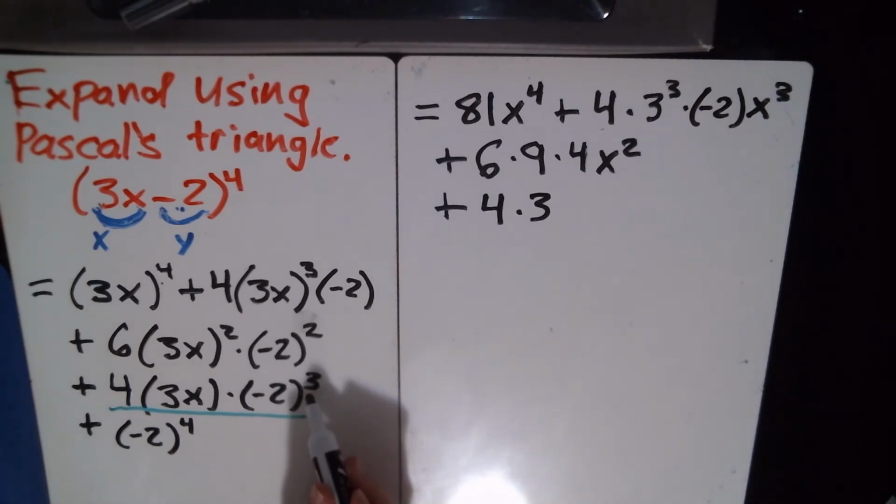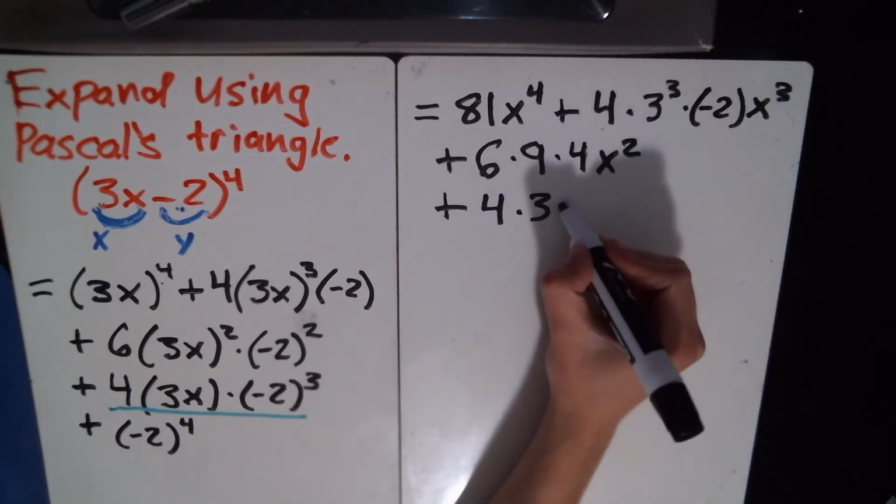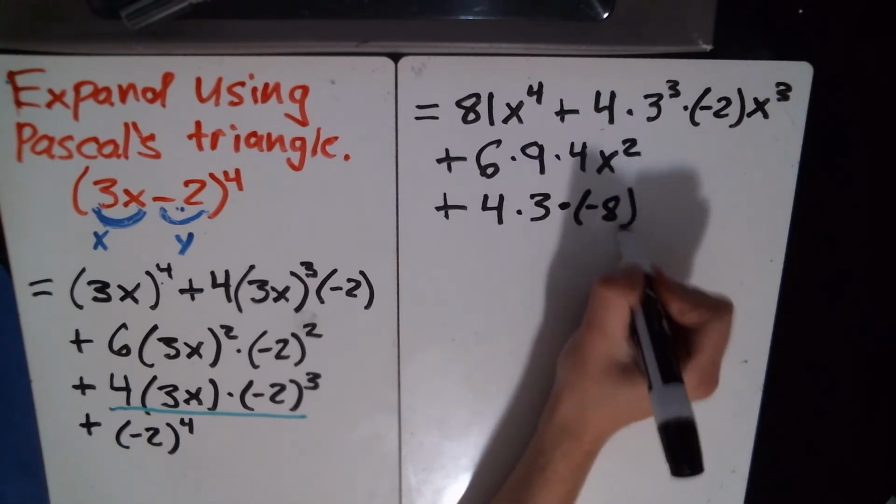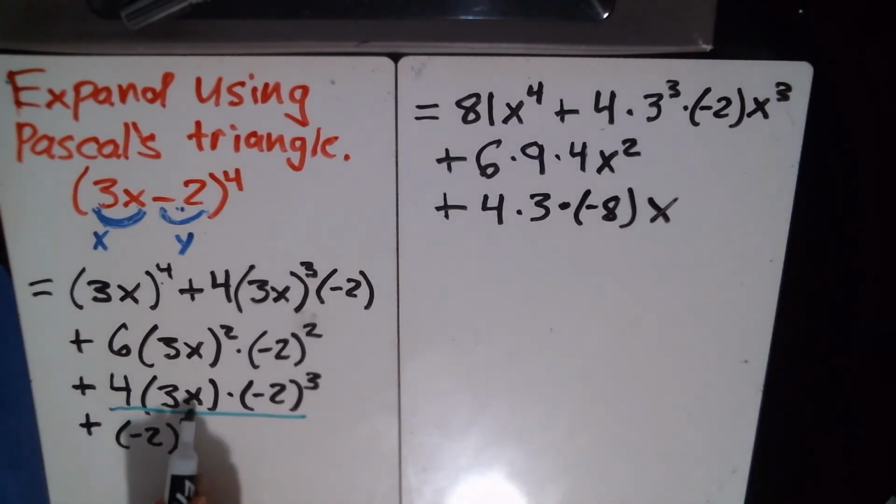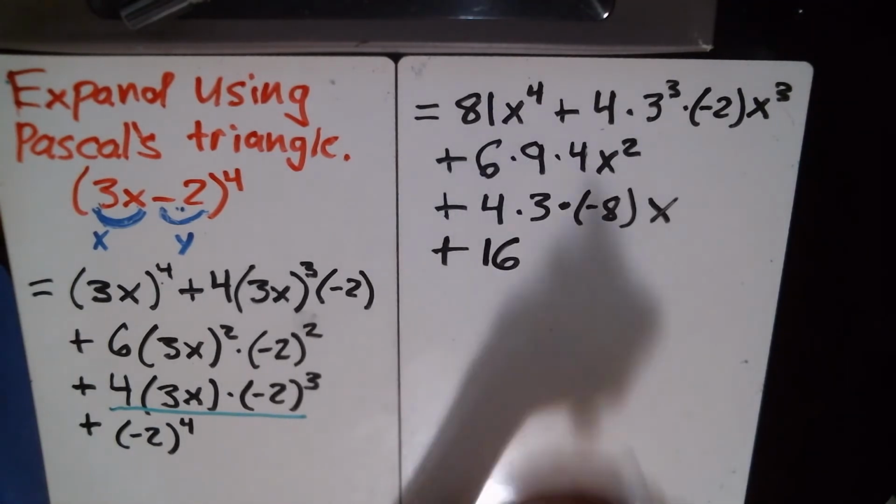When you cube -2, you get -8, times x, since we've got 1x there. And then -2 to the 4th, I think, is 16, if I'm not mistaken. Yep, that's 16.